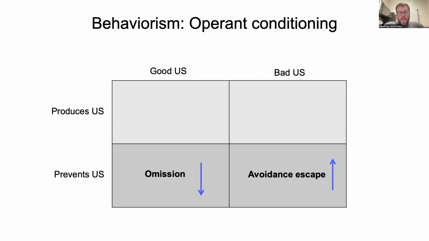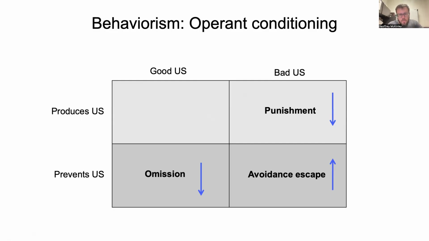If it's a bad unconditioned stimulus, so now we're in this cell, where some behavior produces a bad unconditioned stimulus, that would be called punishment. For example, if your parents hit you when you do something bad, that would be punishment. It's also called positive punishment, but it's punishment nevertheless. And this would lead to a decrease in delinquent behavior.